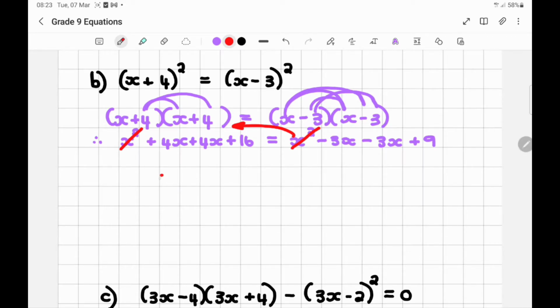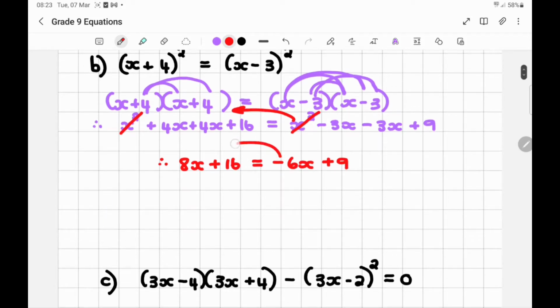So I'm just going to simplify each side. 4x plus 4x is 8x, plus 16, is equal to minus 3 minus another 3 is minus 6x, plus 9. Then we're going to take that over. It becomes a plus 6x, which gives you 14x is equal to 9.